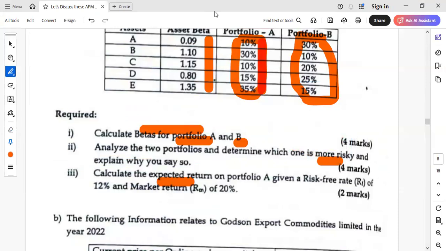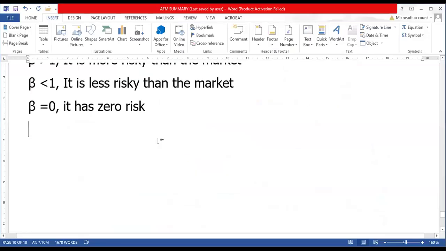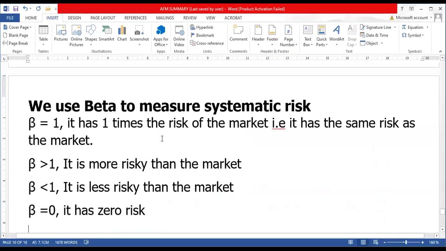So we are going to say that, of course, from our template, from our summary, the portfolio which is more risky will be that one which has a beta that is more than 1. If you find that your beta is greater than 1, then that portfolio is more risky.